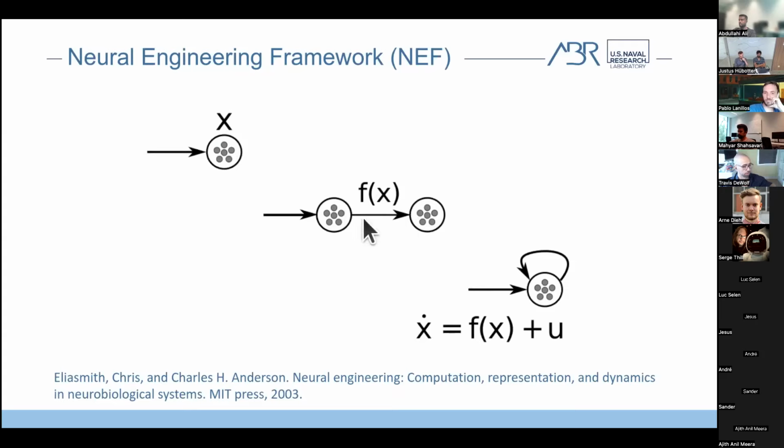A feed-forward connection between two populations of neurons can perform a function on the represented vector. And then a recurrent connection can implement a dynamical system. Using these three principles, we can now implement a whole swath of different functionality and circuits that we have ready to pull out.